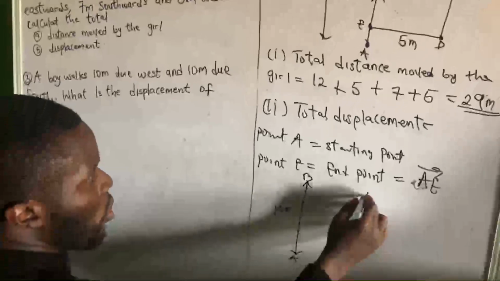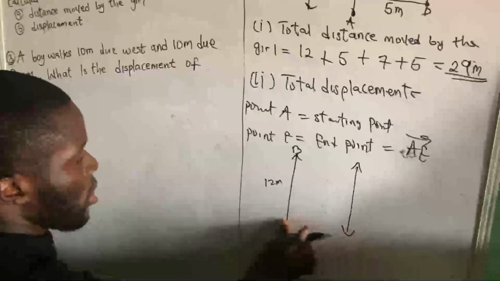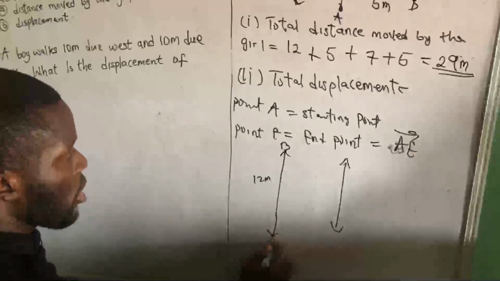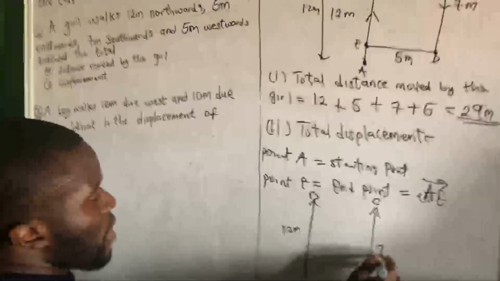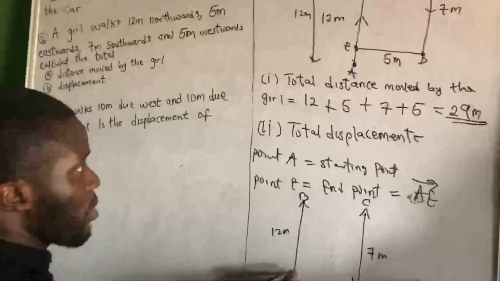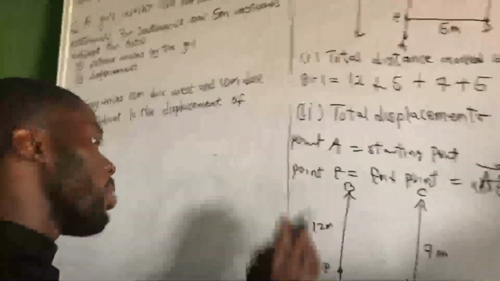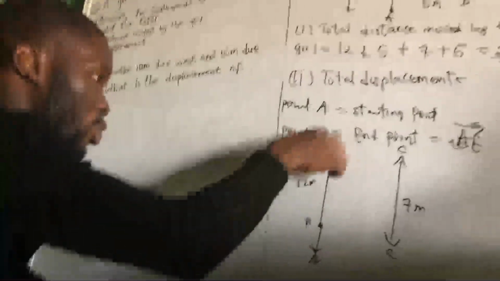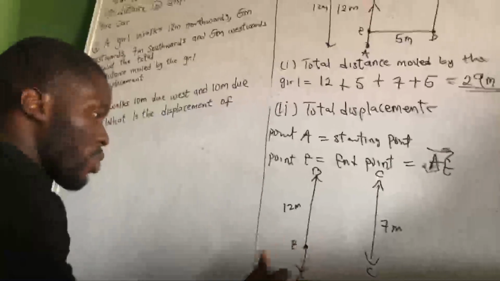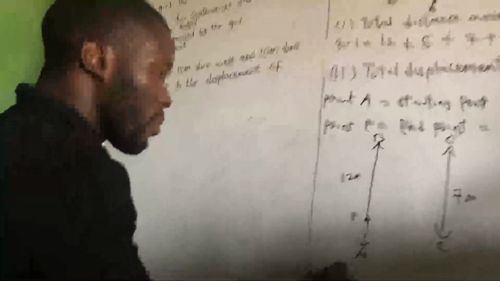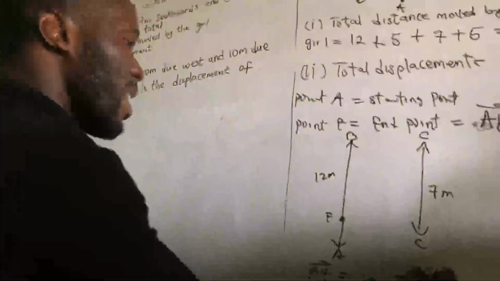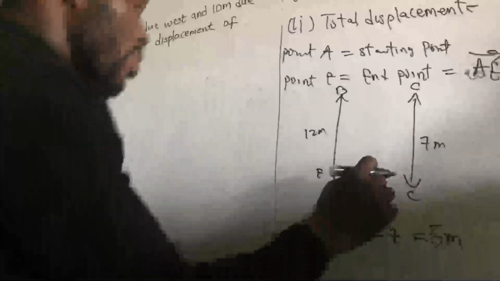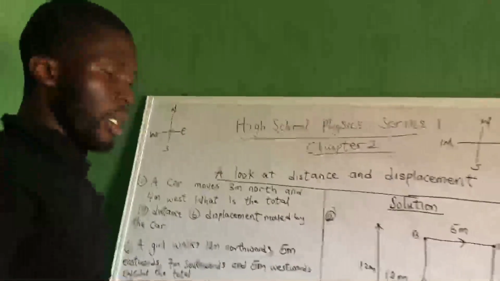So that's CD, 7 meters. And we are left with AE. What do you think AE will be? That's 12 minus 7. It will give us what is here. So it means AE equals 12 minus 7. That is 5 meters. That is the total displacement moved by the girl.